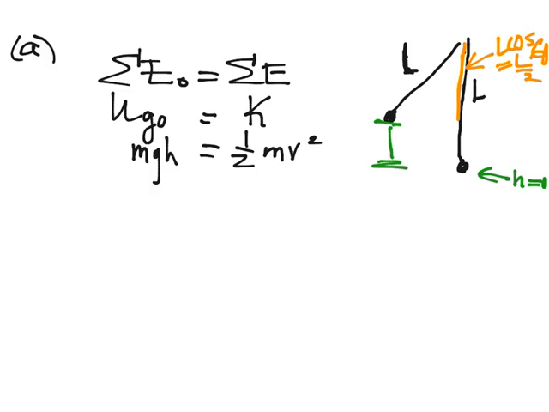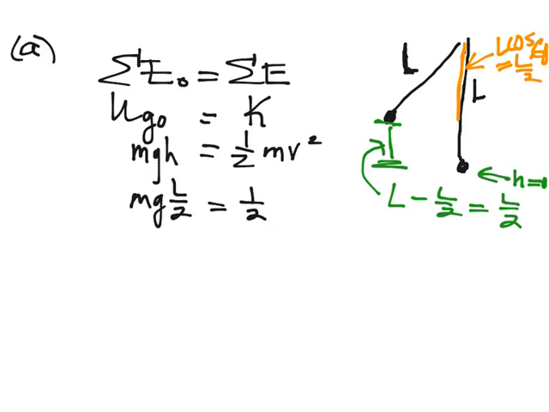Okay, so we have this green part is our whole length L minus L over 2, which ends up being L over 2. Now we can go ahead and plug that in for our height. We have mgL over 2 is equal to 1/2 mv squared.